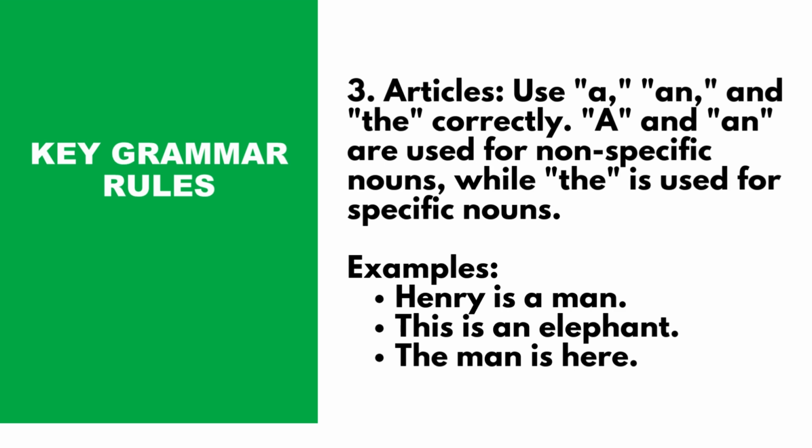But when the listener already knows the person you are talking about, then you can begin to use the, which is a definite article. So a and an are known as indefinite articles because they are used for non-specific nouns.